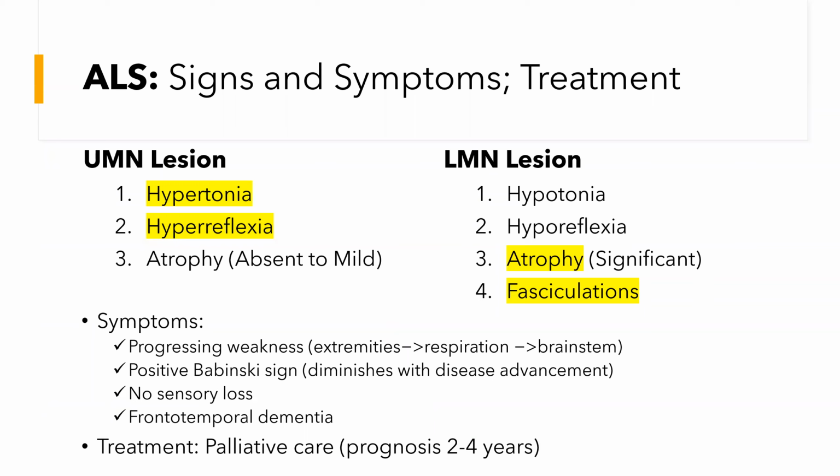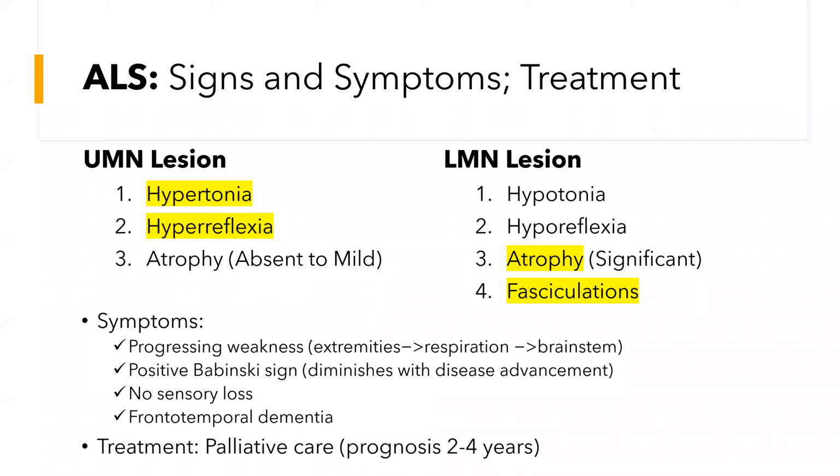However, in a normal adult, if you do the same test, the toes will curl down towards the sole of their foot. That is completely normal. So a positive Babinski sign is when you have an adult that you do that test on and they have their toes fan out. That is an abnormal finding. But interestingly enough, with ALS, this positive Babinski sign decreases with disease advancement.